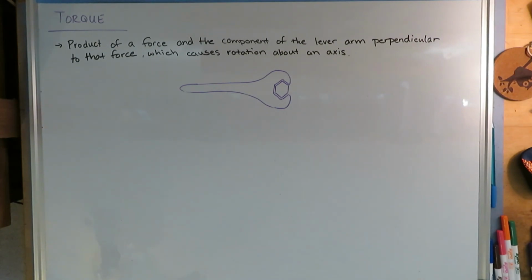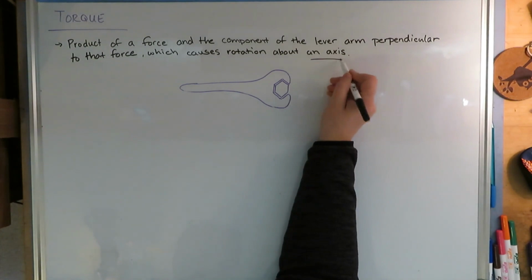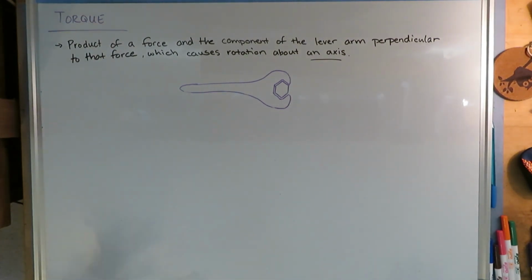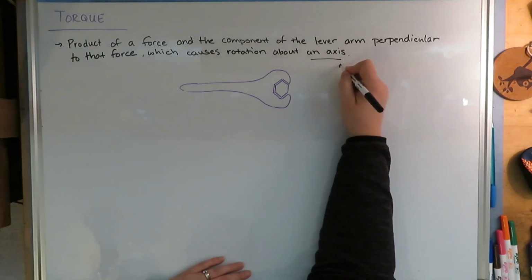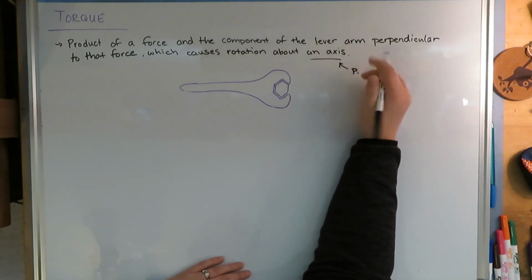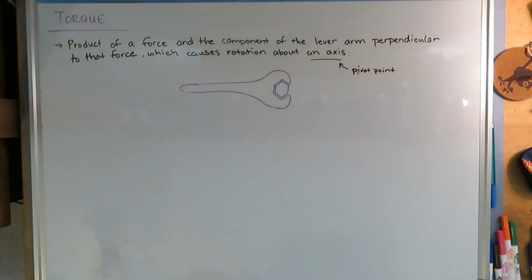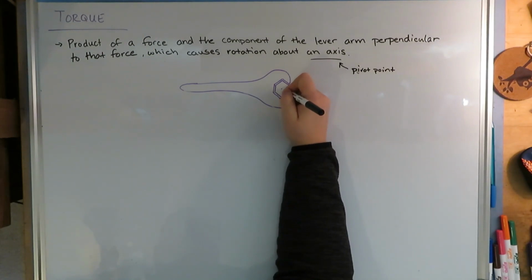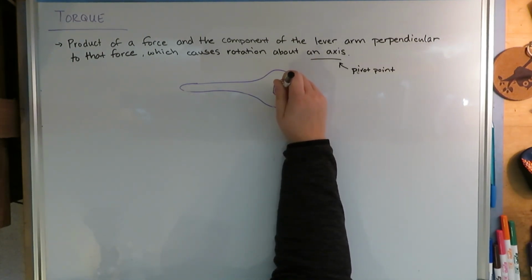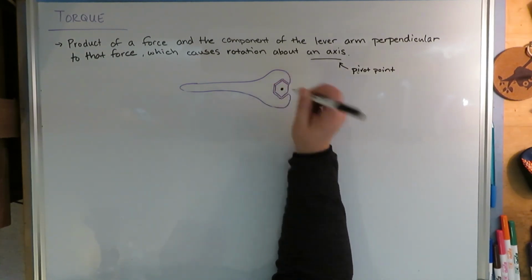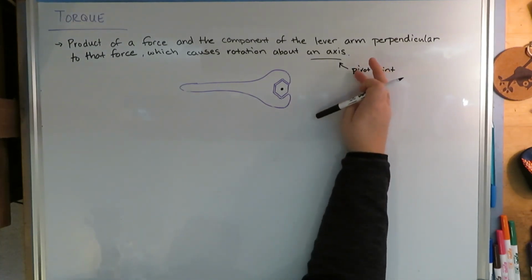Okay, so one of the most important things that we have to have is an axis of rotation. So what I'm going to do is assume that the axis of rotation is the pivot point. So I need to identify the pivot point. Well, the pivot point is essentially going to be the center of this bolt, and my axis is actually going perpendicular through the page because the rotation has to be perpendicular to the axis.